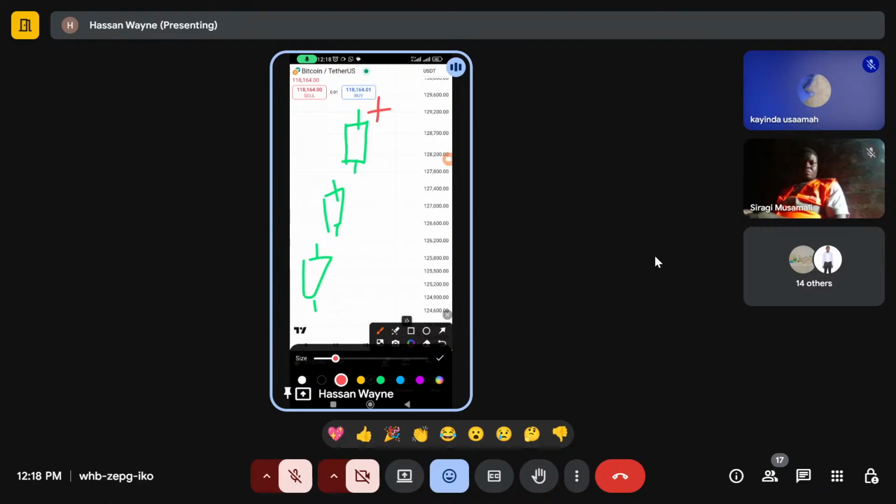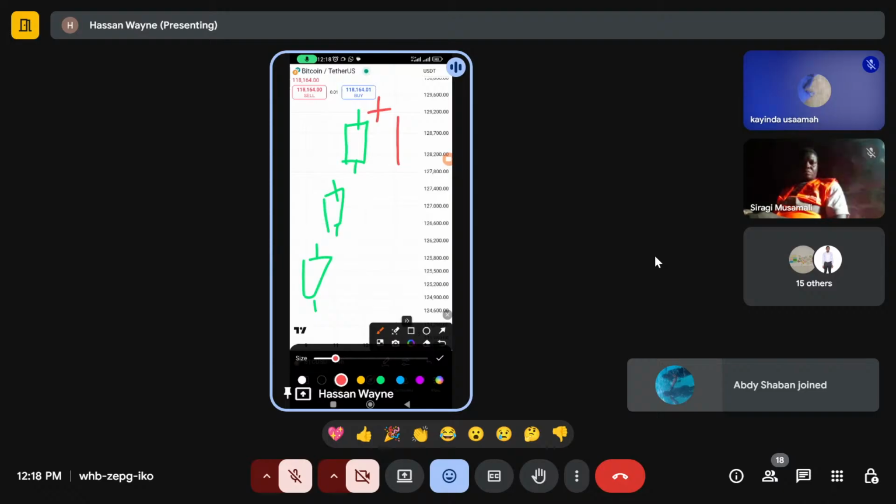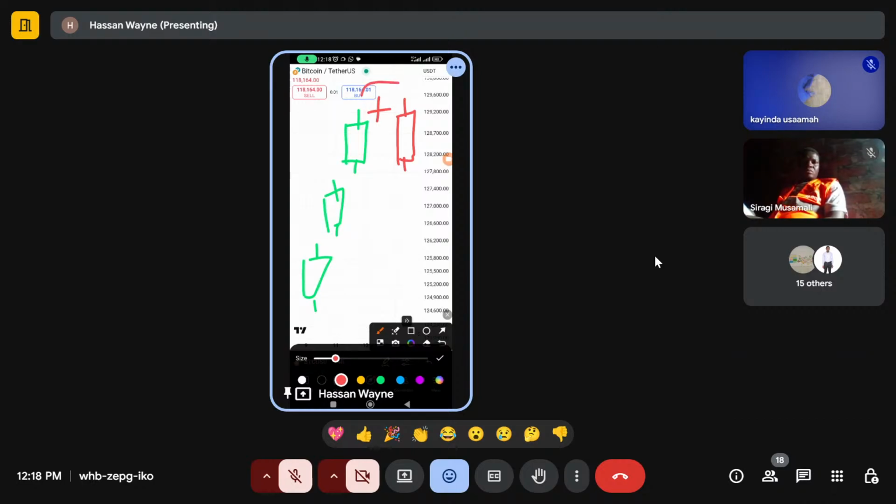After that, we get another bearish candle. When you see such candles, it means the market is going to reverse. It has been in an uptrend. Now it is high time to go into a downtrend.